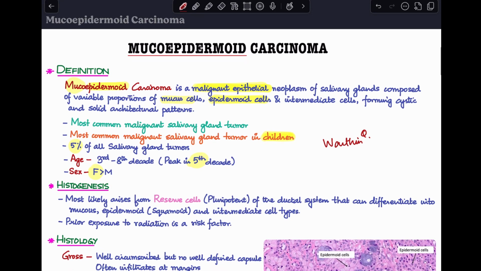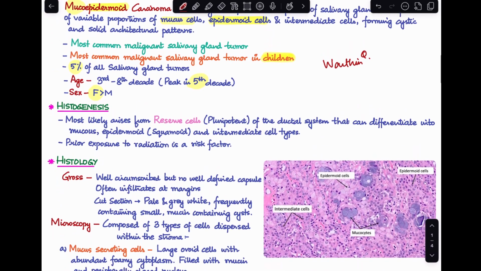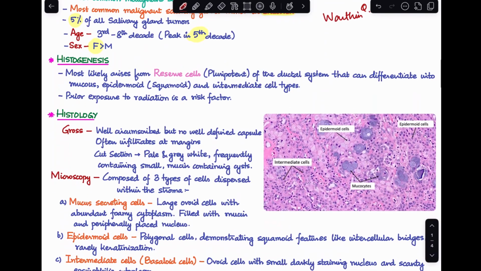Now let's talk about how it originates. What is the histogenesis of this? As I've spoken about in my previous class on malignant salivary gland tumors, when I was discussing histogenesis, I talked about the reserve cell theory or the stem cell theory. So, most likely, mucoepidermoid carcinoma arises from these reserve cells, which are basically pluripotent cells of the ductal system.